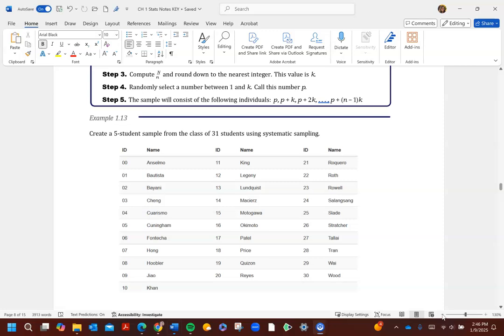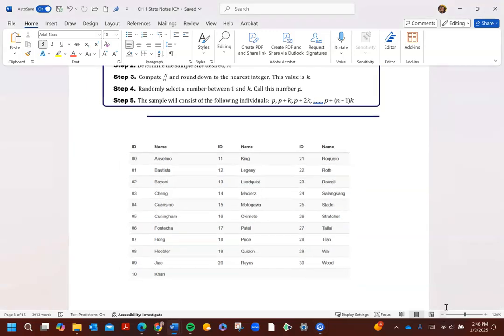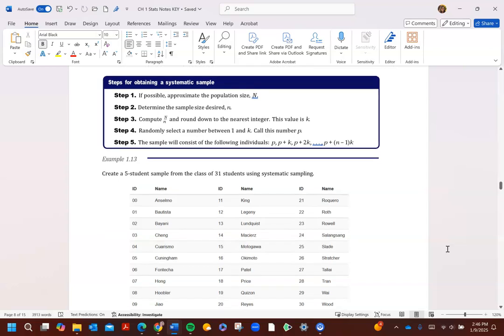Okay, so the first step here, just to go back a little, we want to approximate the population, and we're saying 31. Our sample size was given to us as 5. So now we need to take 31 and divide it by 5. I'm going to jot that down right here, and that's going to be my k.